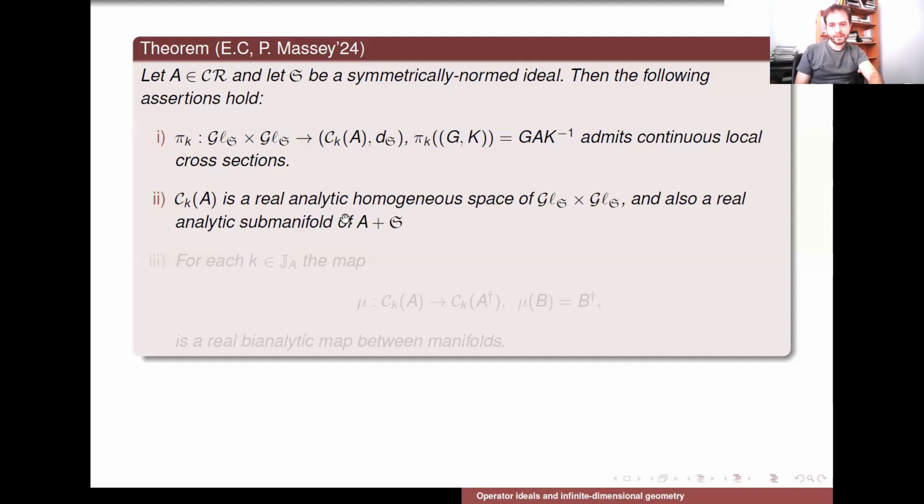So behind this result, we also have a sort of spectral condition to get the submanifold structure.